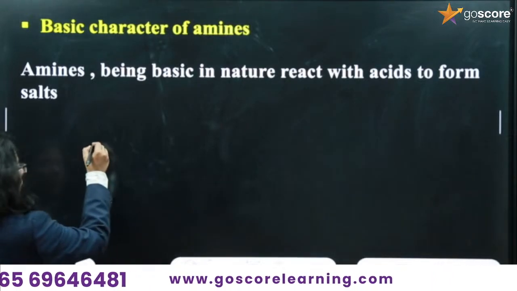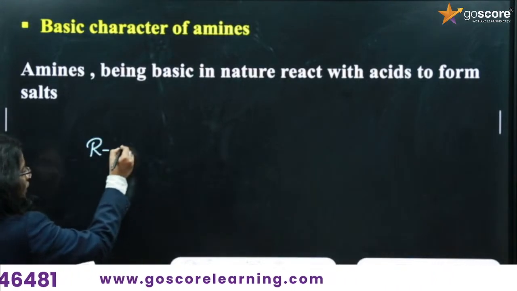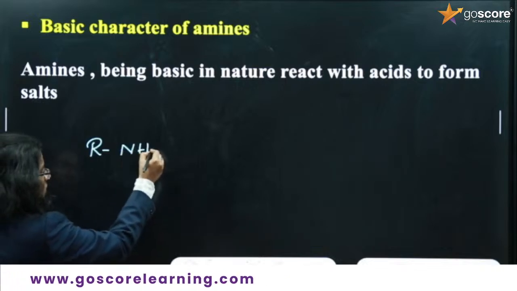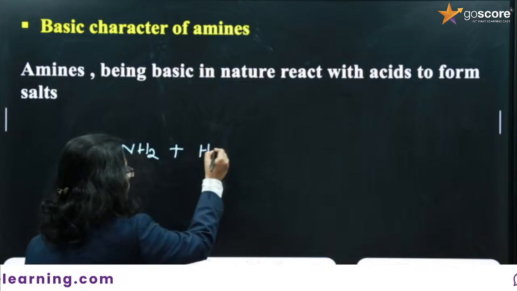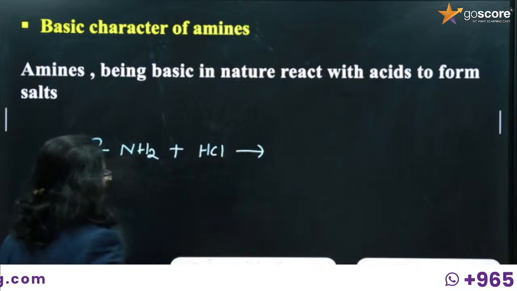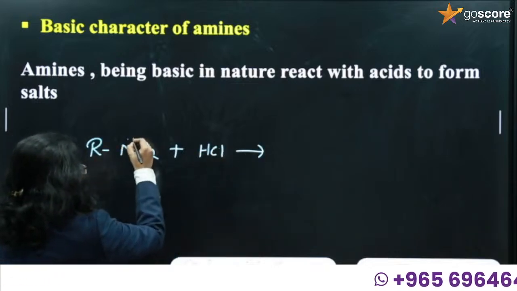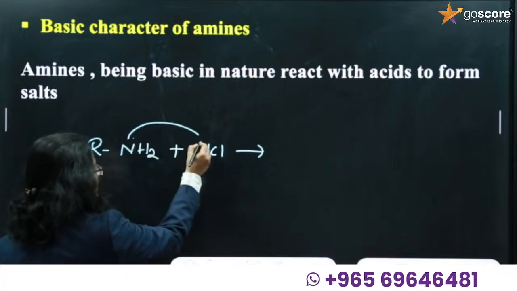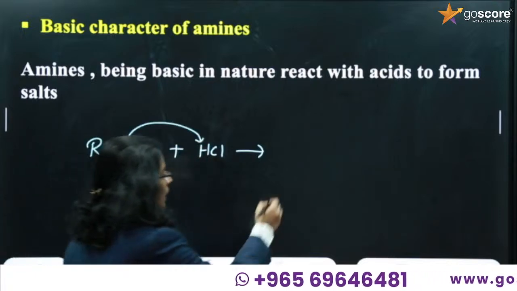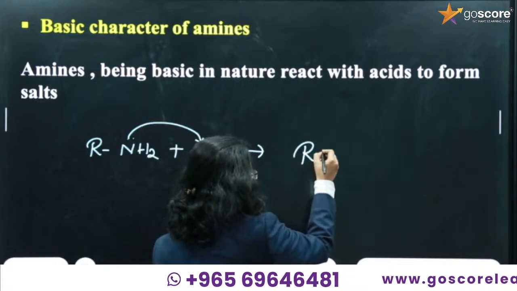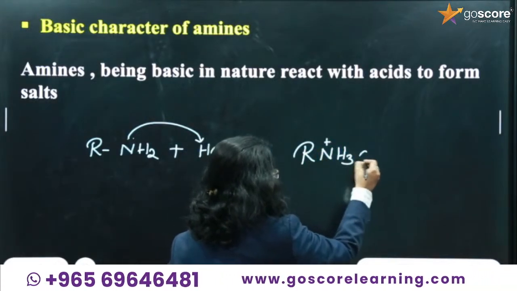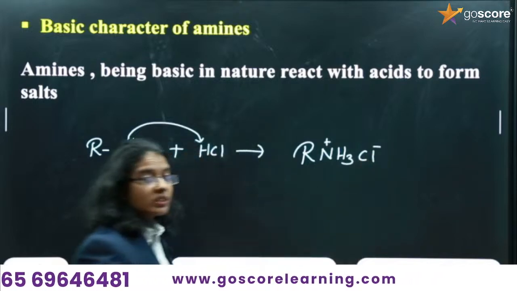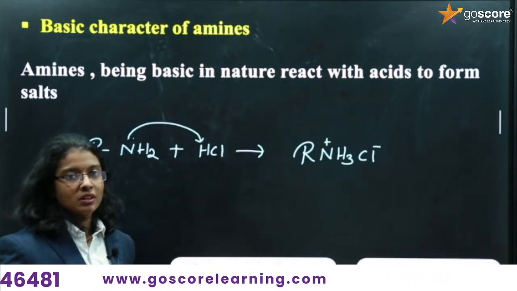Here, amine, that is RNH2, suppose you are treating with HCl, what will you get? Using the lone pair of nitrogen, it will accept the hydrogen and it will form a salt, that is RNH3+ Cl-. So this is called aniline chloride.